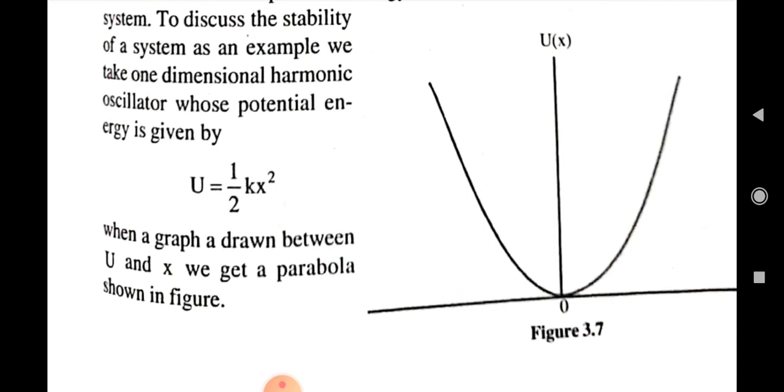On the right hand side, the slope du by dx of the graph is positive. Du by dx of the graph being positive means force is negative. So when we go to the right, the negative force will bring that particle back to the equilibrium position, that is, position 0.